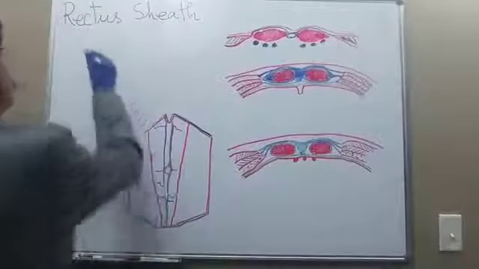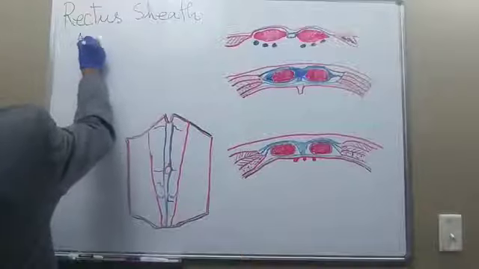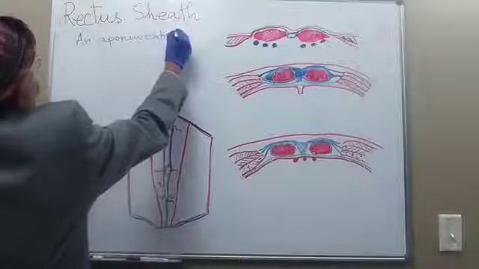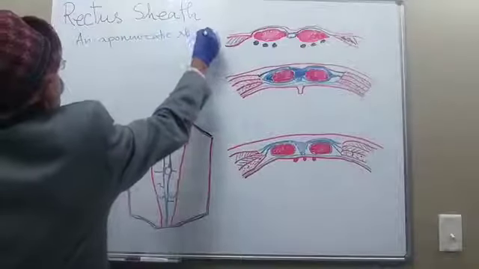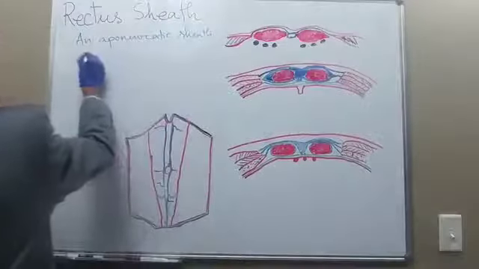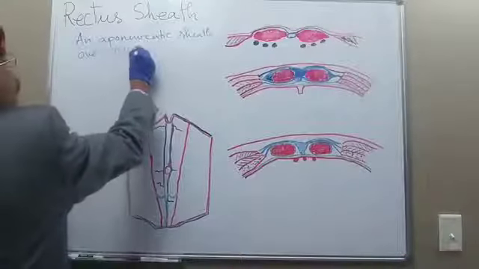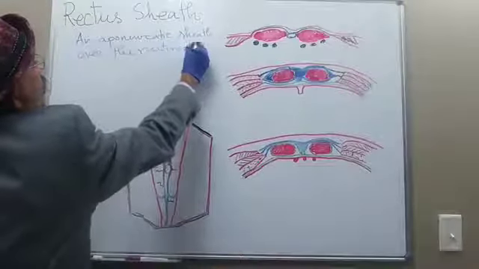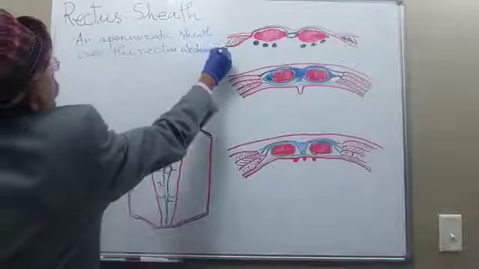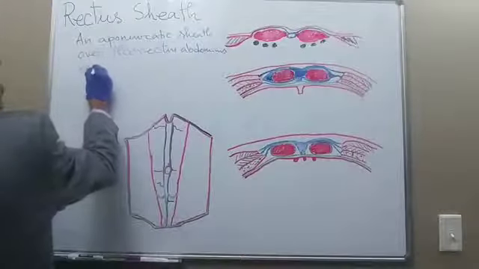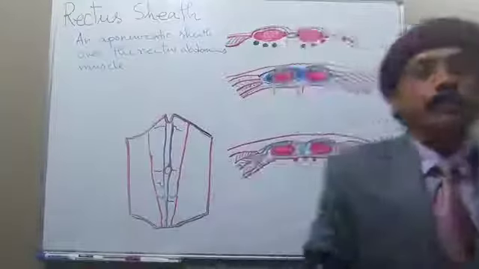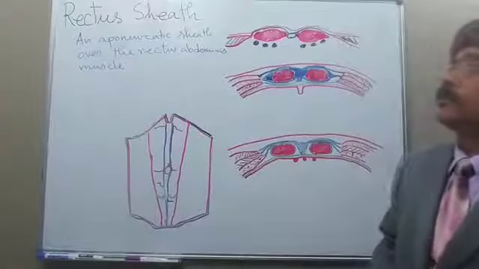So, if you define the rectus sheath, this is an aponeurotic sheath or covering over the rectus abdominis muscle.